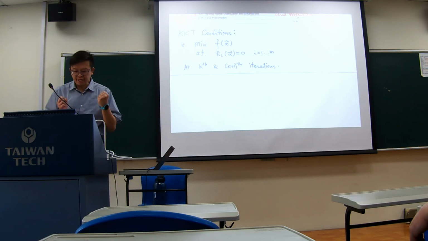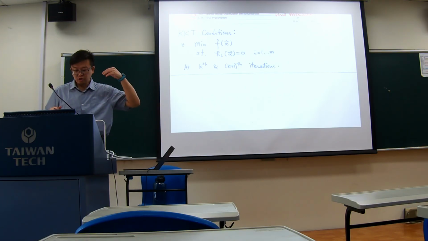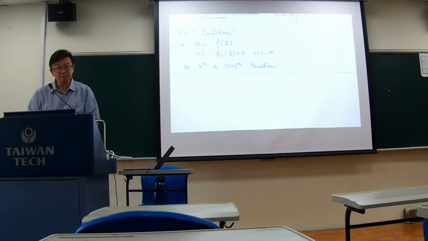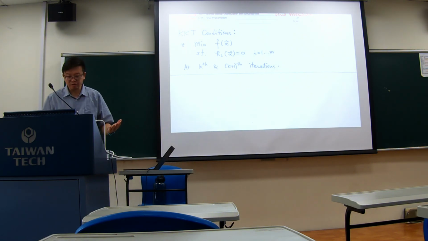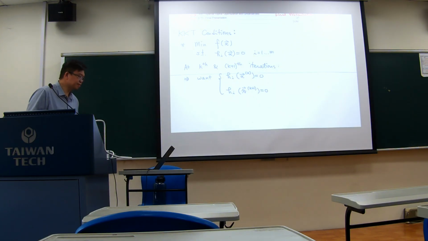So one idea is that at the k iteration and the k plus one iteration, you want the equality constraint to be satisfied for both iterations. So you want this to happen. Right? You need both to happen.